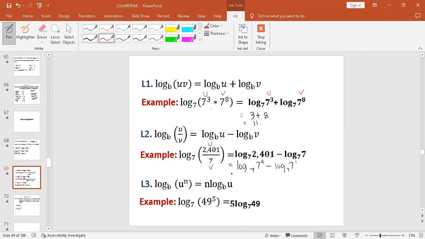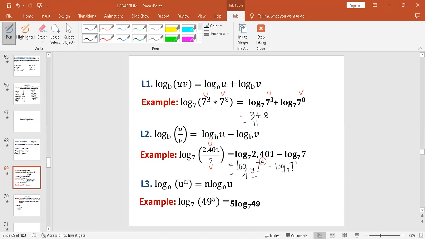Okay? So ano na magiging sagot? Look at the first term in the expression. Log of 7 raised to 4 to the base 7. So they have the same bases. So the answer is 4. 4 minus. Look at the second term.